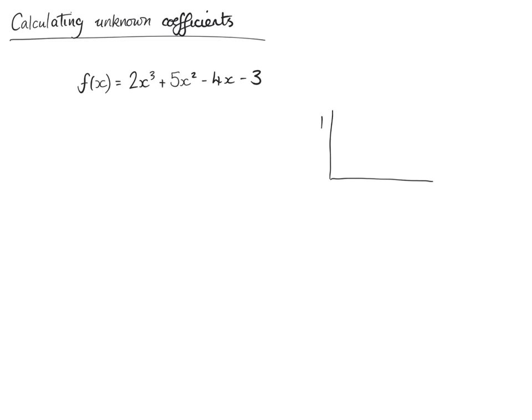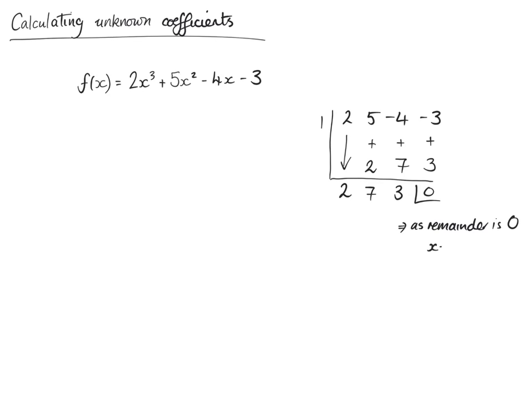So when we're doing that, we have our 1, and we've got 2, 5, minus 4, and minus 3 as our coefficients. So bring that down, we get 2, multiply 2 times 1, we get 2, add those together, 5 plus 2 is 7, 7 times 1 is 7, add those two together, and we're going to get 3 times 1, which is 3, and we get 0. So therefore, as the remainder is 0, x minus 1 is a factor.